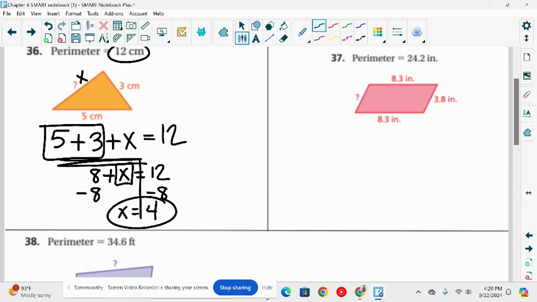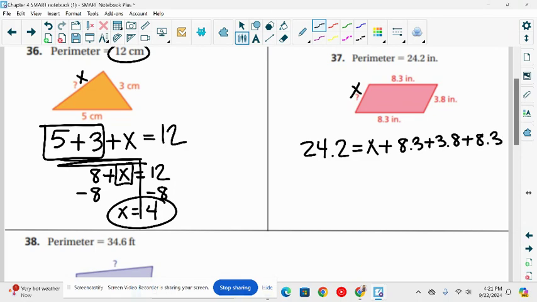While I work this out quietly, I want you to work it out on your own too. So we're trying to find the perimeter. We know the perimeter. We're trying to find the missing side length. Okay, so I have a perimeter of 24 2/10 inches, and that adds up to be x plus 8.3 plus 3.8 plus 8.3. And so I can combine these here to get a total of 8.3 plus 3.8 plus 8.3.